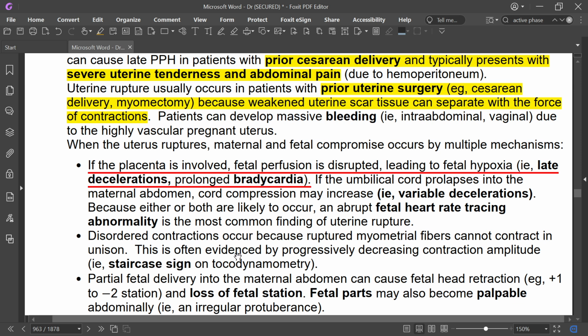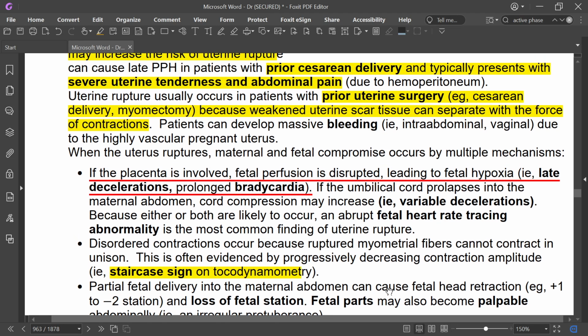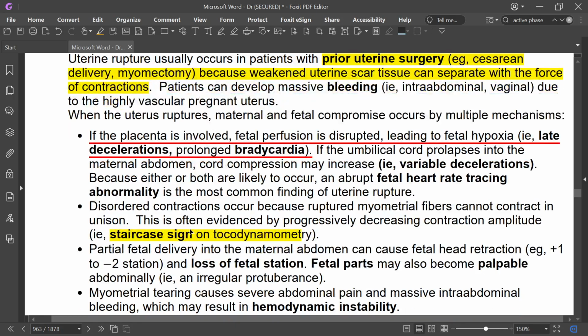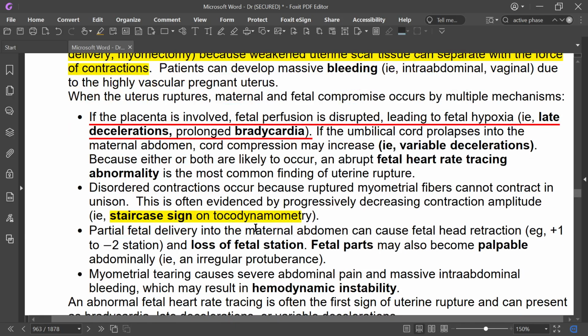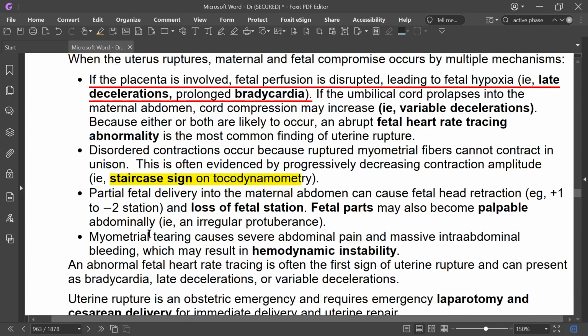This is often evidenced by progressively decreasing contraction amplitude, the staircase sign on tocodynamometry.